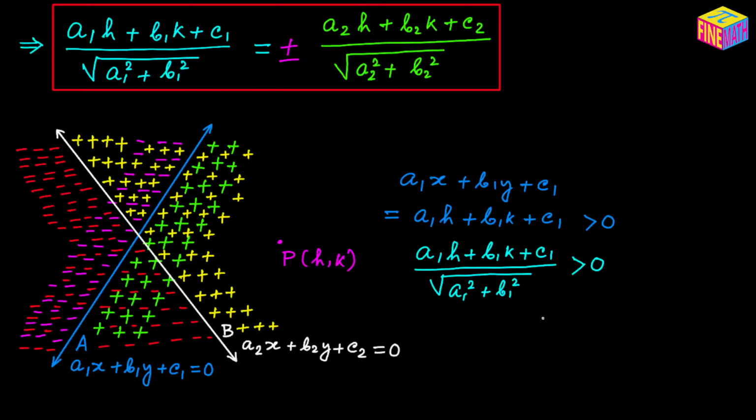And similarly, if we look at the equation of the straight line B, then its expression is a sub 2 times x plus b sub 2 times y plus c sub 2.